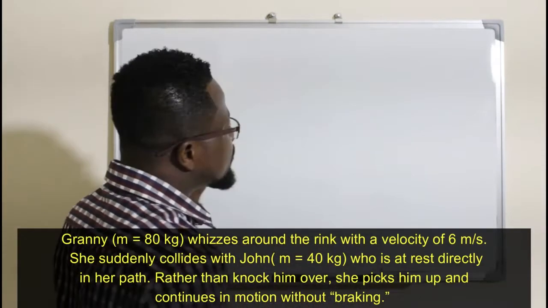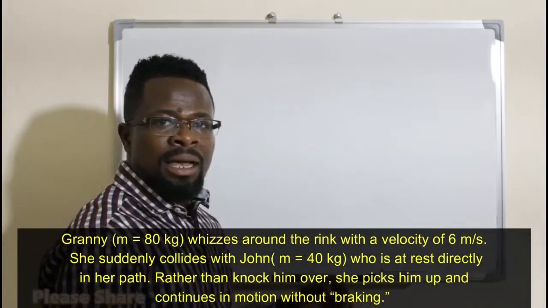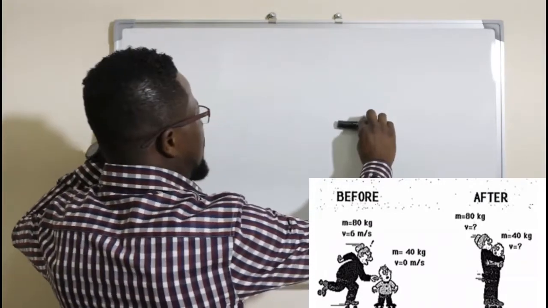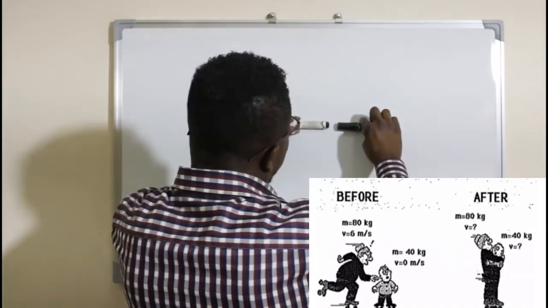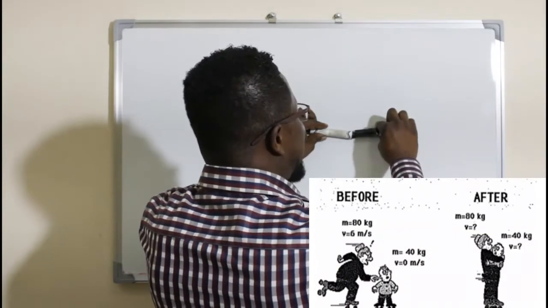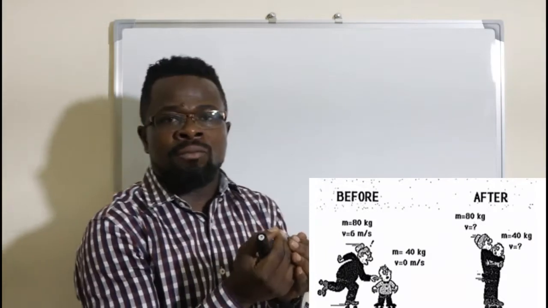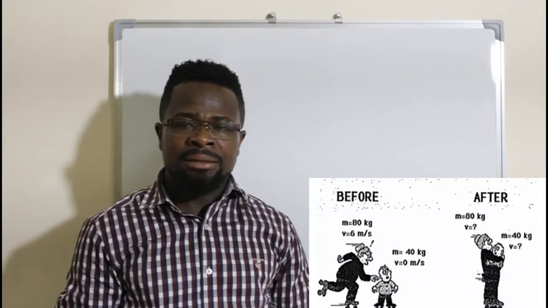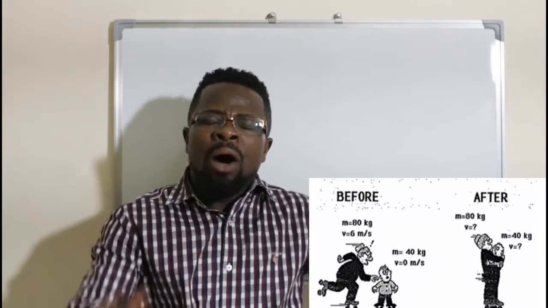Alright, so now let's look at it. Granny is running a race and Johnny is right on the path of Granny. Instead of Granny just colliding with Johnny, Granny decided to pick up Johnny and move together with Johnny. So you can see that Granny and Johnny are now together.